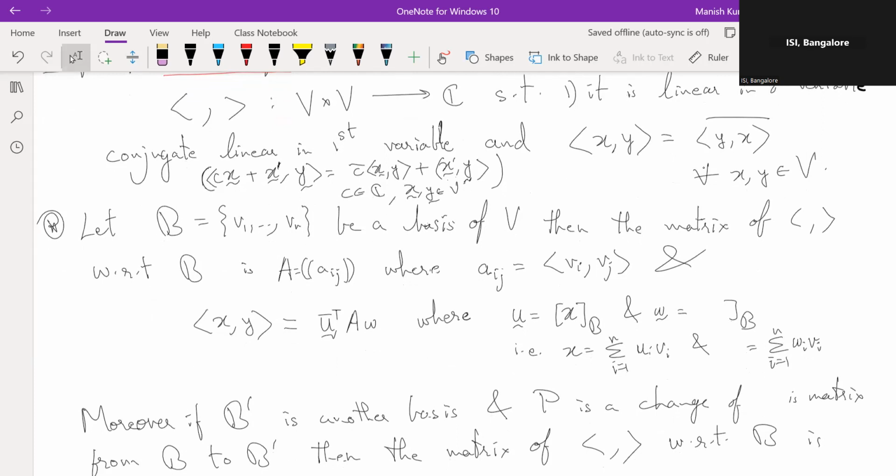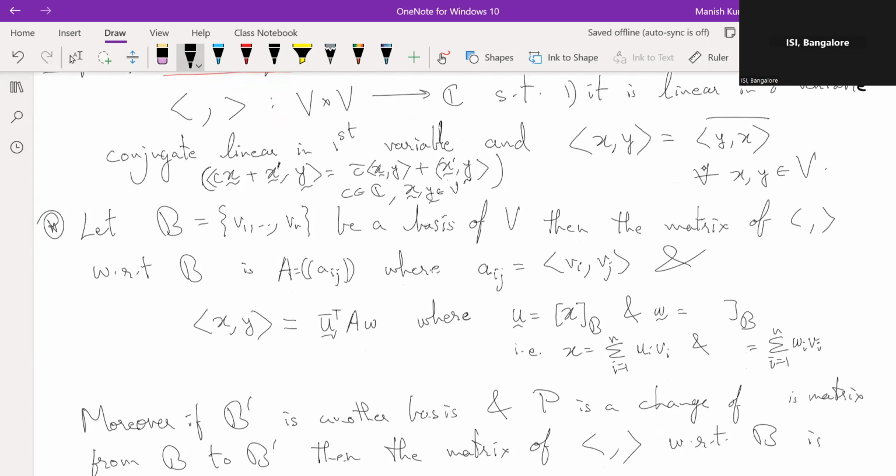So what happens is, if this is the matrix, then like in the bilinear form case, when you try to compute the pairing, you can do it in terms of matrix multiplication.